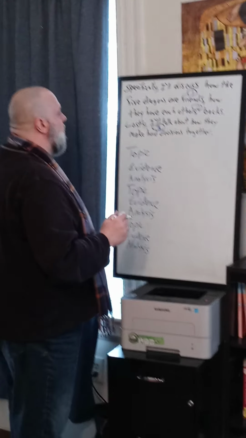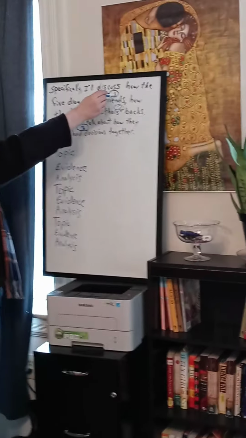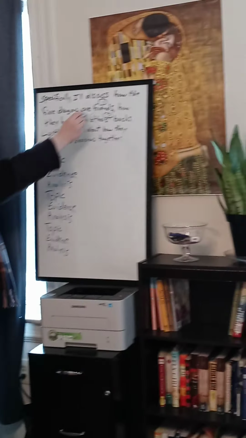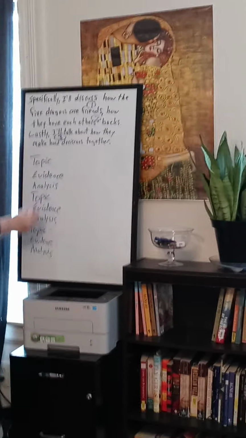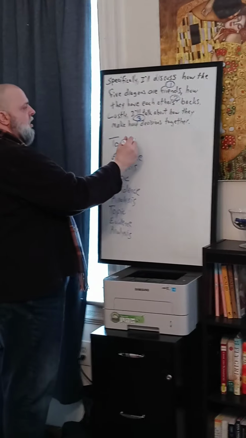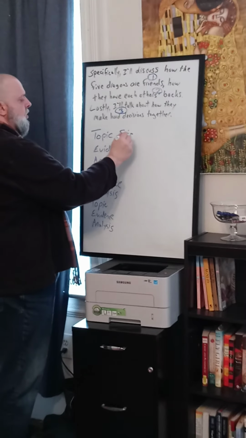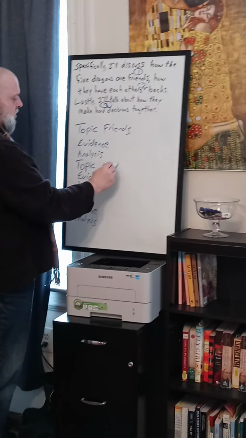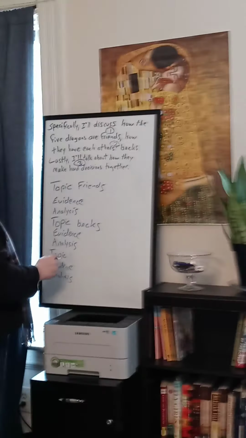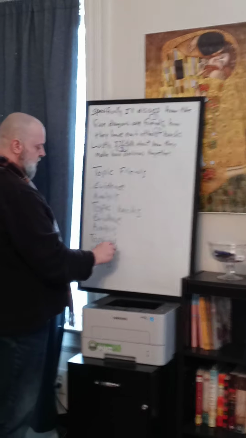Depending on how you order your topics and your scope is dependent upon how you order your paragraphs in the body of your essay. So this is going to be friends. This is going to be backs. And this is going to be decisions, hard decisions.